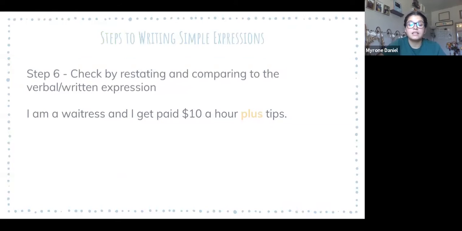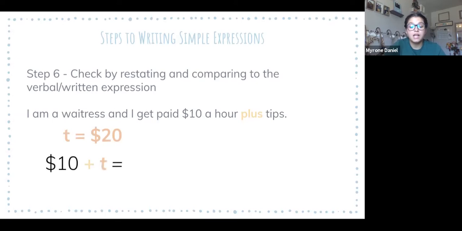And our step 6 is check by restating and comparing the verbal and written expression. So my verbal expression is: I'm a waitress and I get paid $10 an hour plus tips. This hour I made $20 in tips.